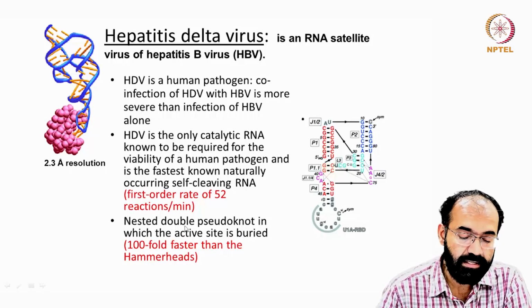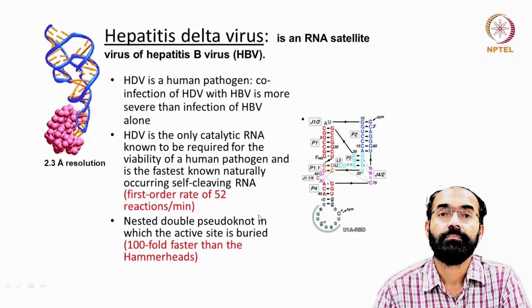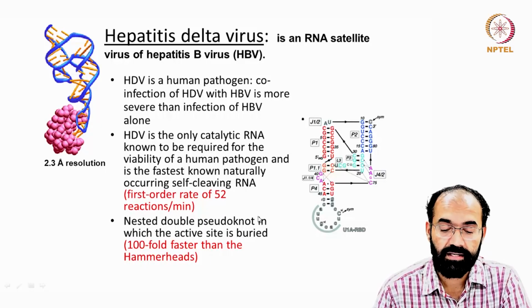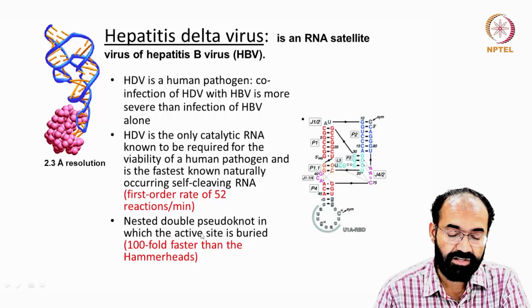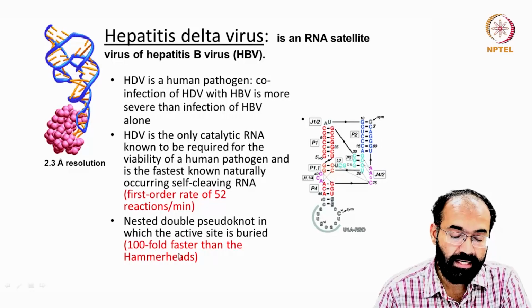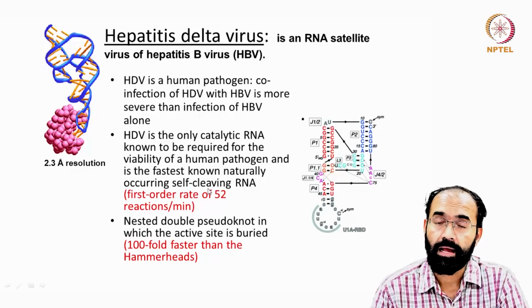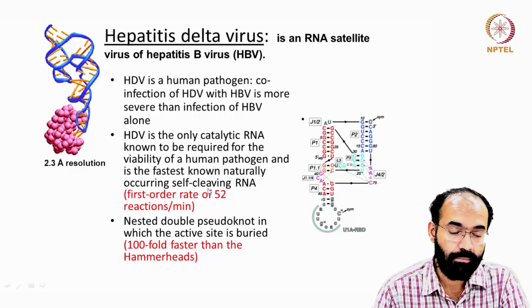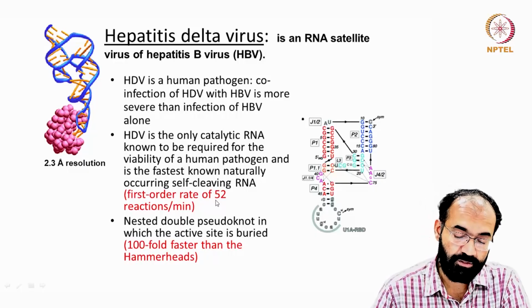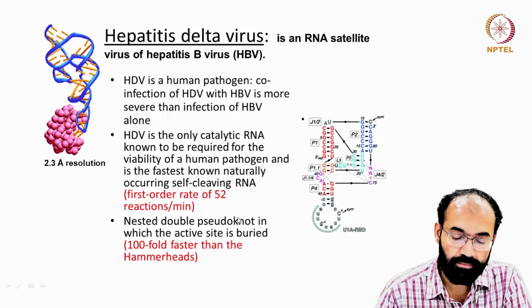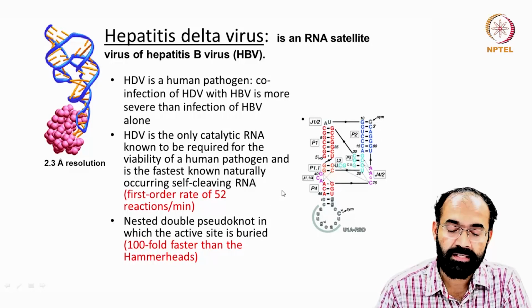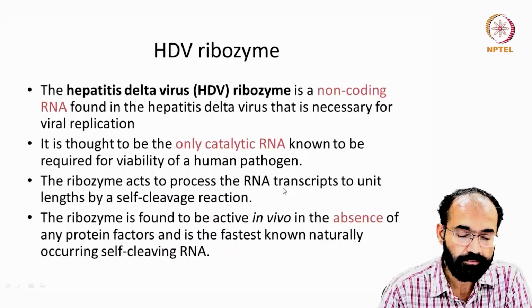So this nested double pseudoknot is the structural feature, as you can see here on the right-hand side in this picture, and this structure allows a faster rate of reaction, roughly around 100-fold faster than hammerhead ribozymes. Hammerhead ribozymes are also reasonably fast, but the HDV ribozyme is much faster. The structural feature called the nested double pseudoknot is quite capable of imparting this fast reaction.